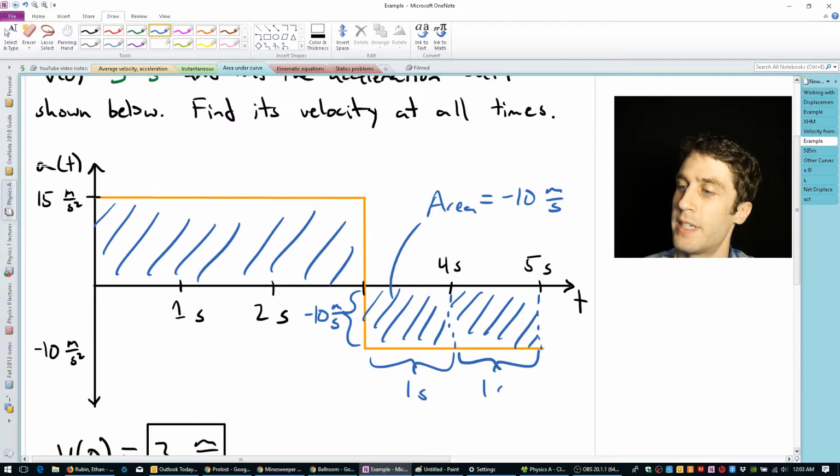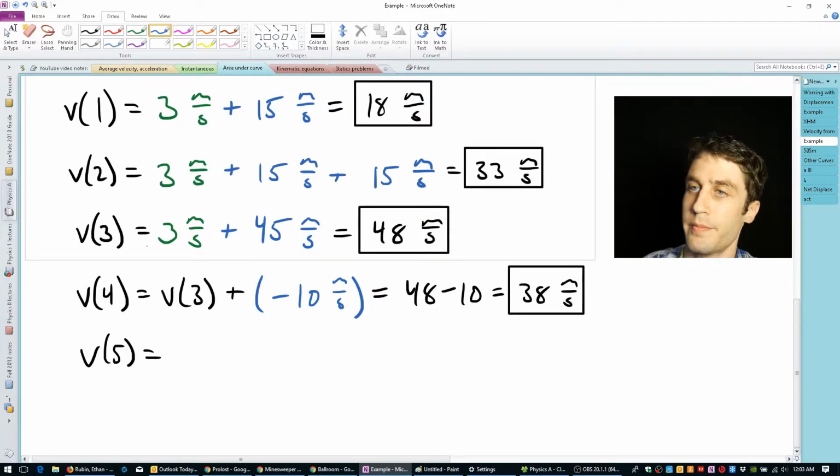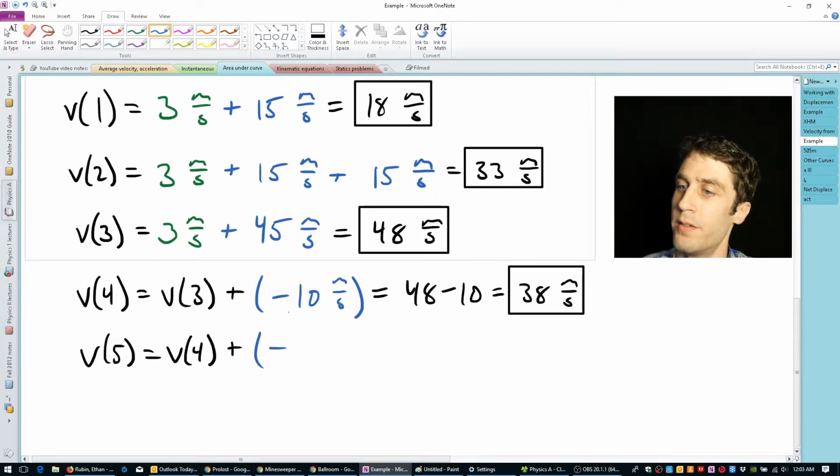So it has a width of 1 second and a height of, again, negative 10 meters per second squared. This is equal to the velocity after 4 seconds plus the velocity that it lost over the 5th second, or over the last second. So minus another 10 meters per second.